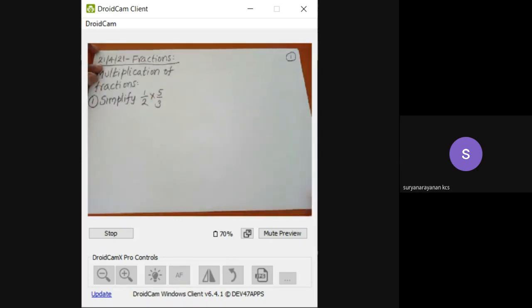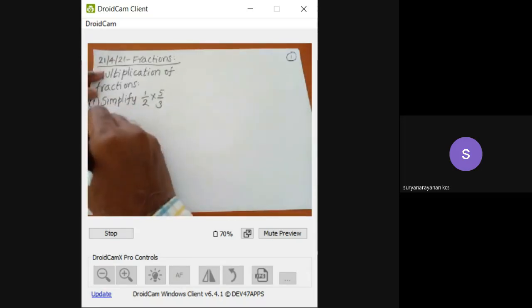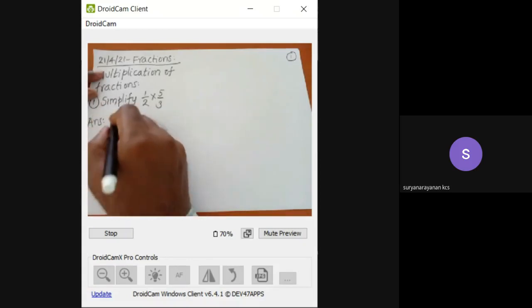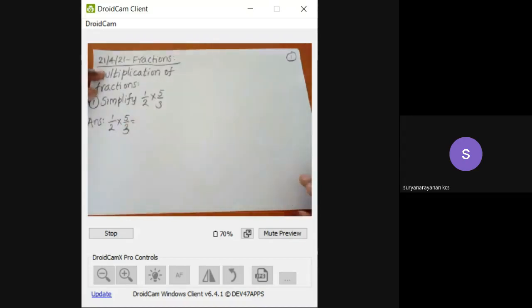See this question, my dear children. 1 by 2 is a fraction and 5 by 3 is another fraction. We are going to multiply these two fractions. How do you multiply two fractions? Do you remember that steps, my dear children?